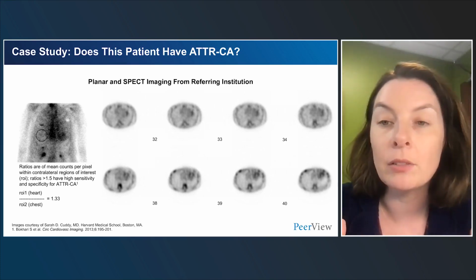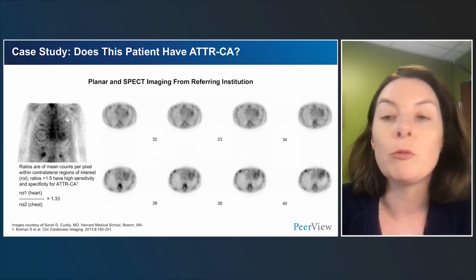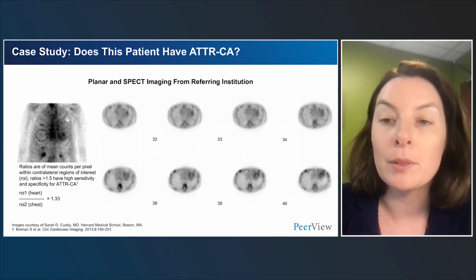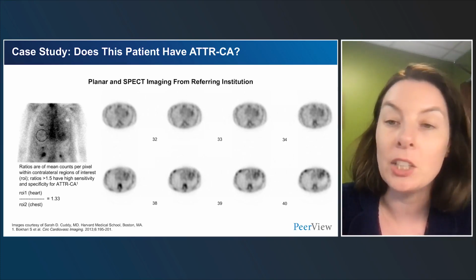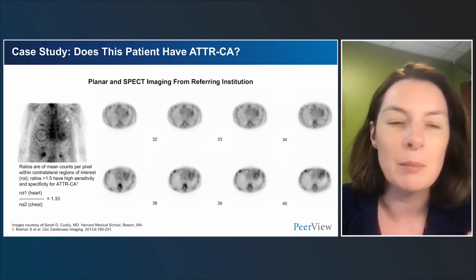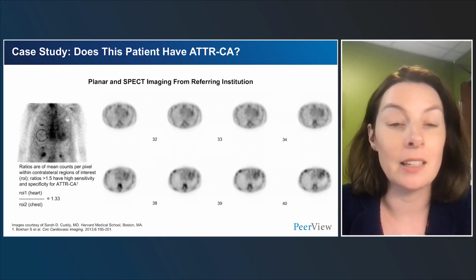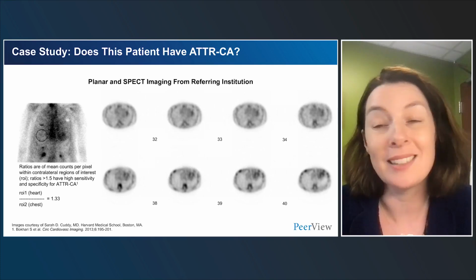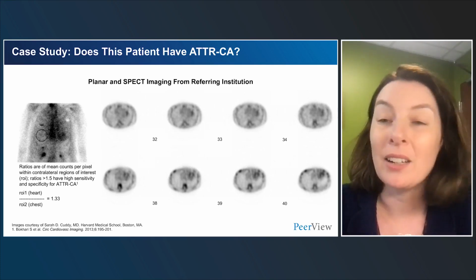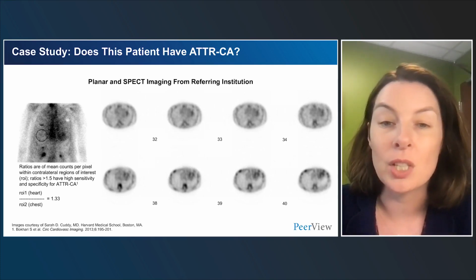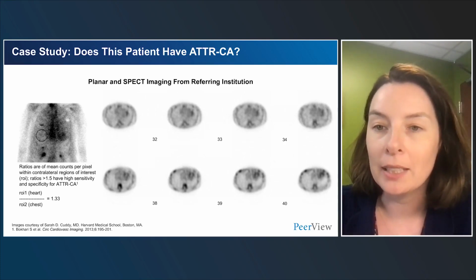Technically, the ratio that we would have used would have been 1.5, but that was at 1 hour. There were some publications saying if you did 3 hour imaging, you could use a ratio of 1.3, but we'd probably call it equivocal. Now, actually, the American Society of Nuclear Cardiology strongly recommends against using planar imaging at all to make the diagnosis and really to concentrate on the SPECT imaging.